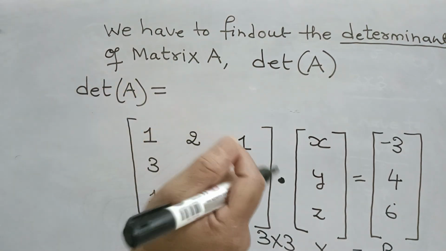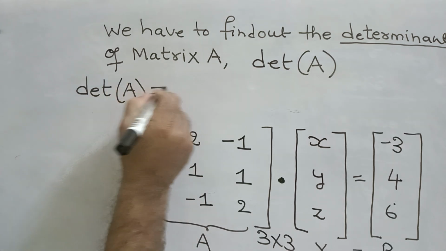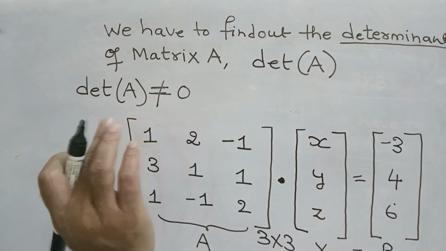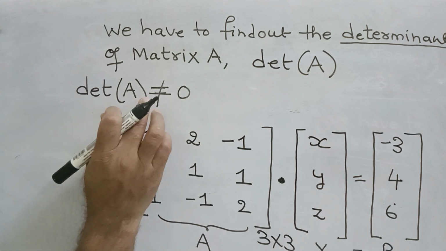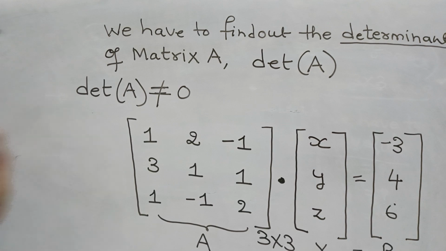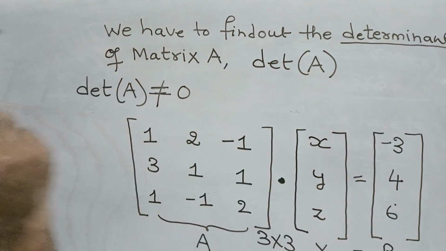Determinant of A should not be 0. Remember that it should not be 0. That should be a real number. That must be the condition. You will get a certain number.